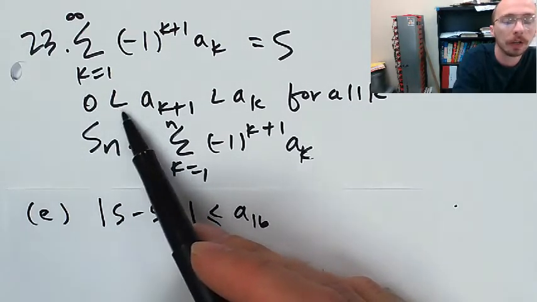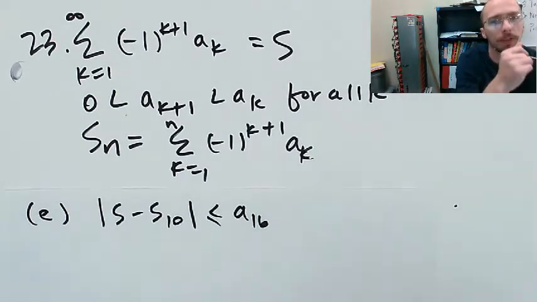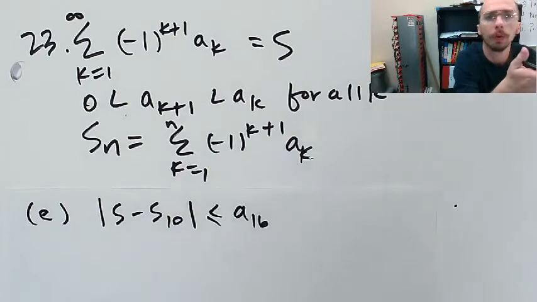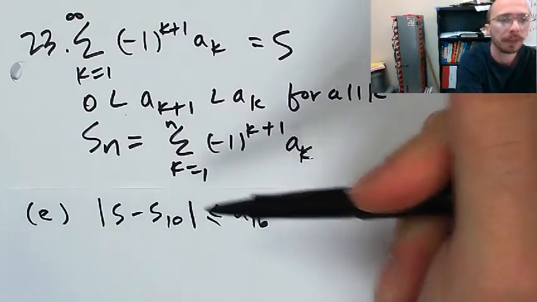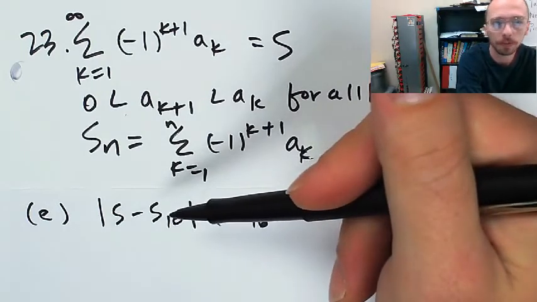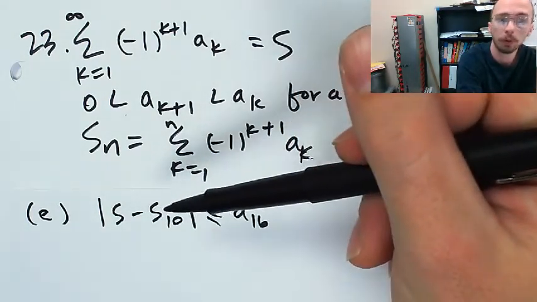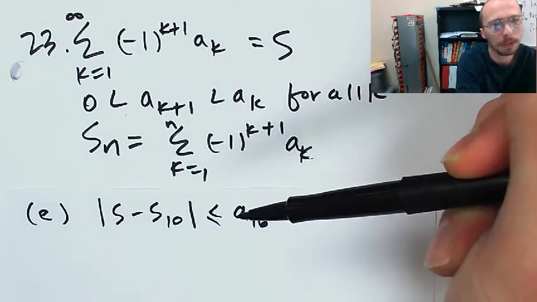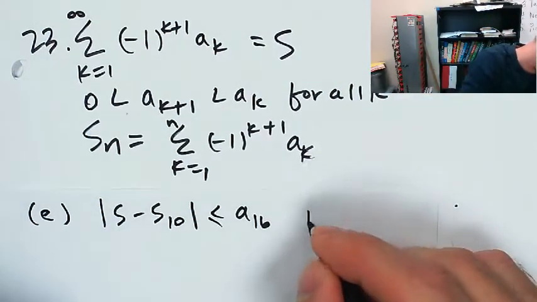If this was less than or equal to, I could say, what about a series that alternates for a while, then after a certain point it's just all zeros? If 10 was the last non-zero term and A16 was 0, and the total is whatever I get after adding up 10 terms because the rest were 0, then that would be true, but I know that's not going to happen because none of the terms are 0. So this is never true.